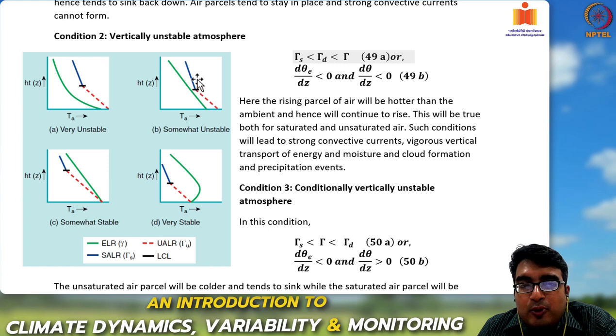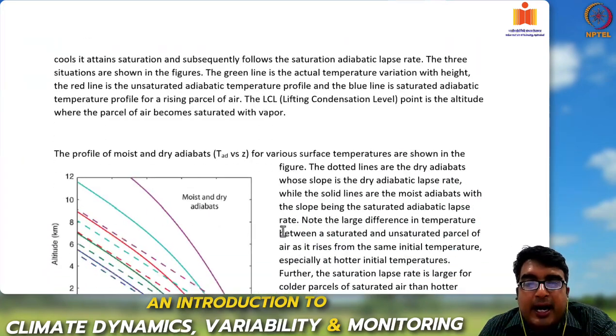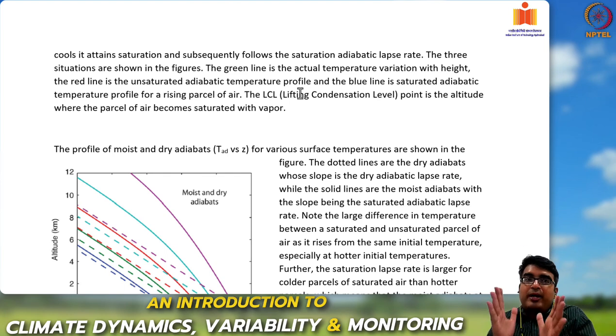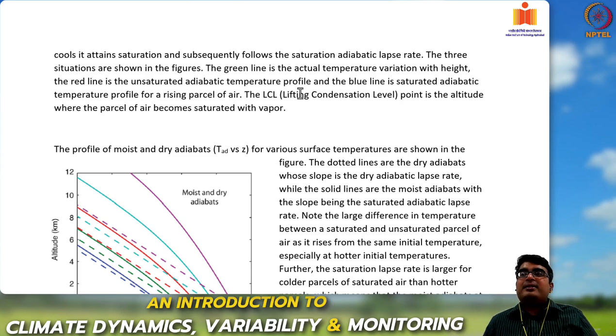So the blue slope is the saturation adiabatic lapse rate, and the transition between the red and the blue happens at a specific altitude, and this is called the lifting condensation level, the altitude at which, at a given location, a parcel of air transitions from being unsaturated to being saturated.